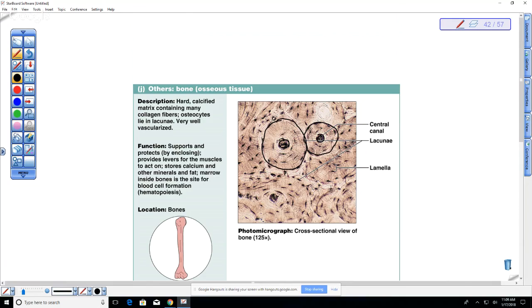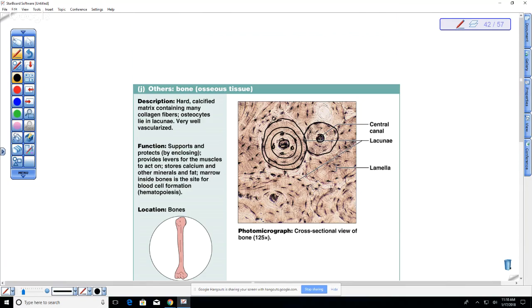And then we have these little osteocytes that sit in this calcified matrix, this hard matrix. And they also sit in that fluid-filled space called the lacuna. And the circular arrangement that you see here is due to the orientation of the collagen fibers.